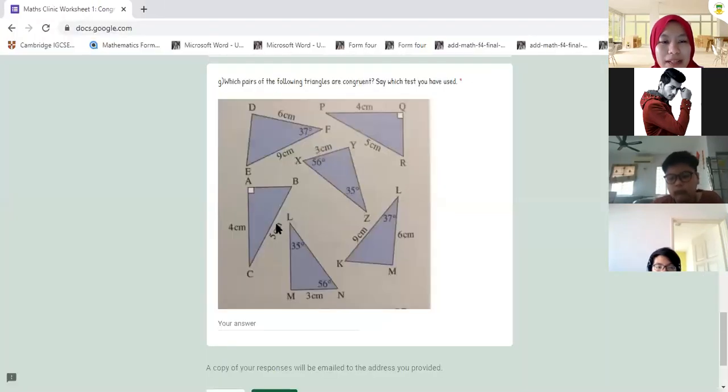So can someone tell me which pair of the following triangles are congruent? The last one. I think I should zoom in.